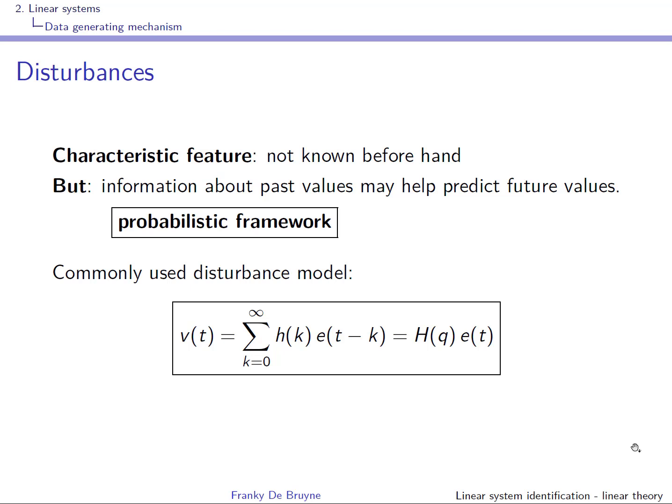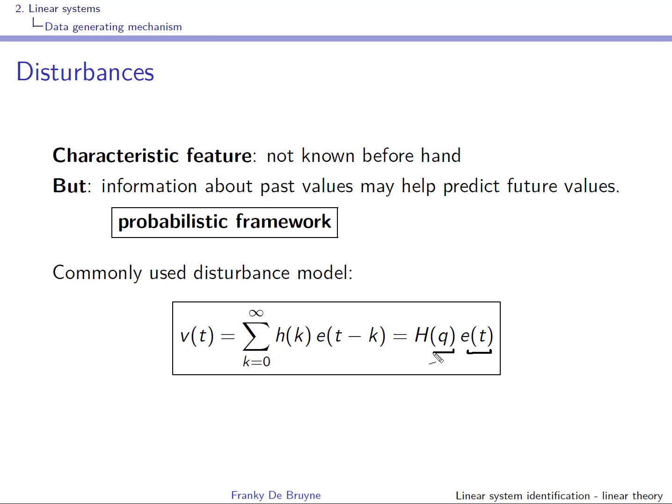And the disturbance model that we'll use, which is a probabilistic description of v of t, will say that v of t is a signal e of t, and we'll define it more in the slides that will follow, but we can say that this is a white noise signal going through a transfer function.